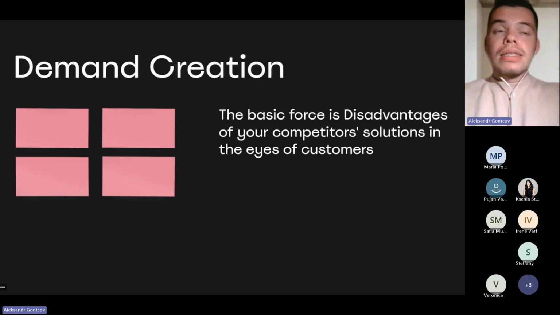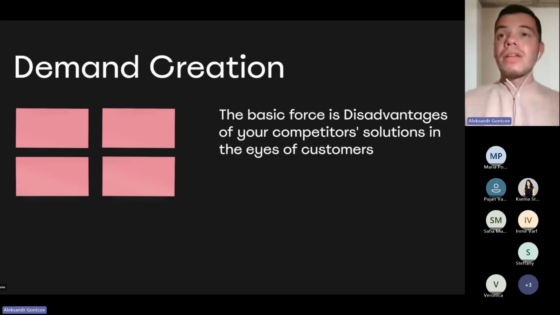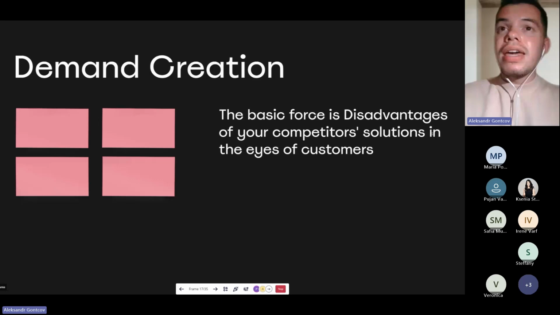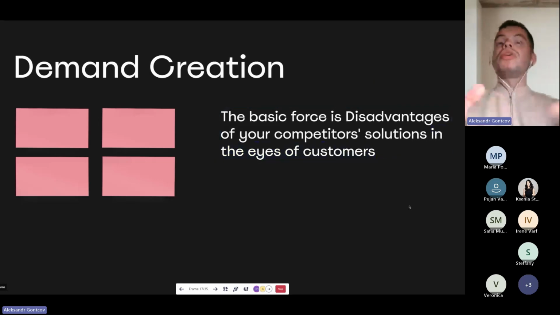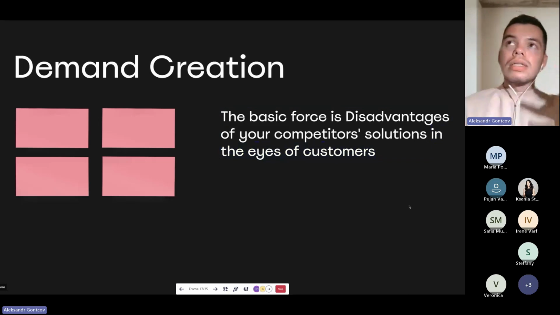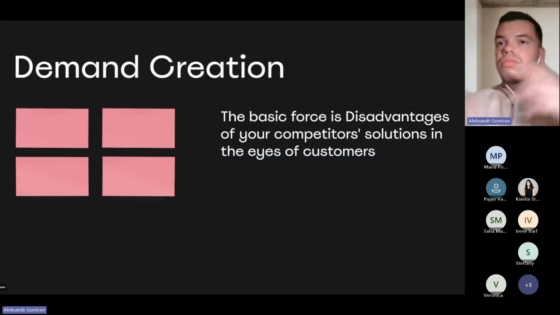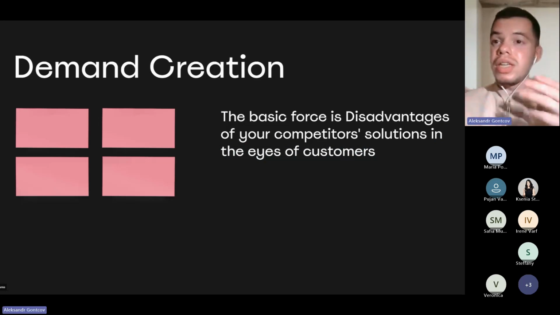So the basics, and it's a very simple aspect of the map: disadvantages of your competitor solutions in the eyes of customers. And I would highlight that: in the eyes of customers. So for example, you as an IT expert may see that their system runs inefficiently, but a customer may not see that.